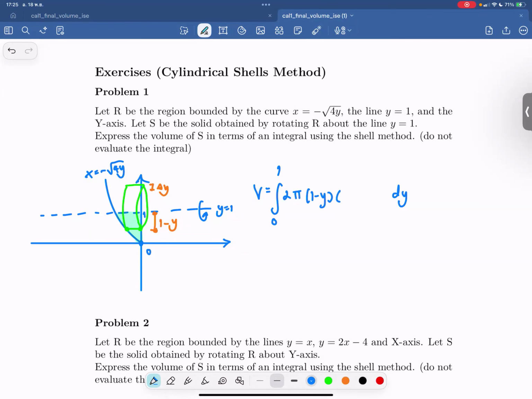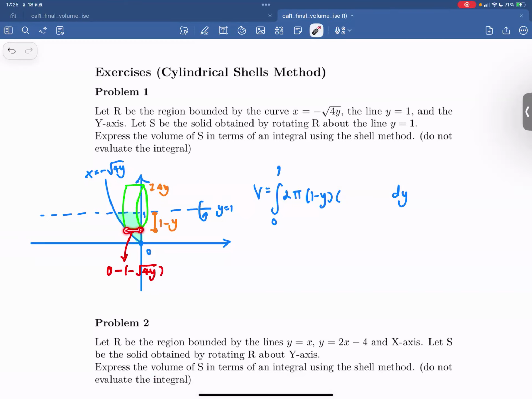And the height of the cylinder is the red segment here, which is 0 minus and then minus. Why is that? You need to find the length over here, right?